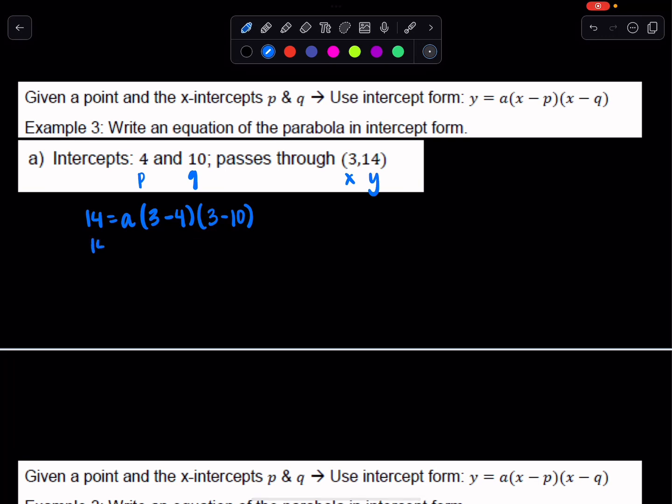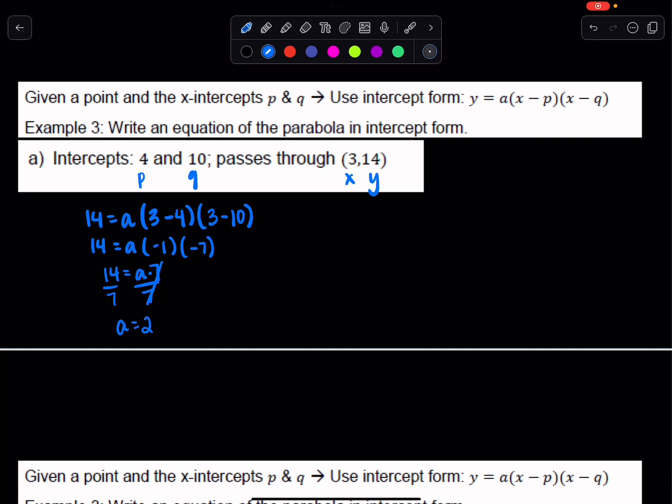So simplify in parentheses, 3 minus 4 is negative 1, 3 minus 10 is negative 7, then we can multiply those. Negative 1 times negative 7 is positive 7. And just divide both sides by 7 to find what a is. So a is 2.